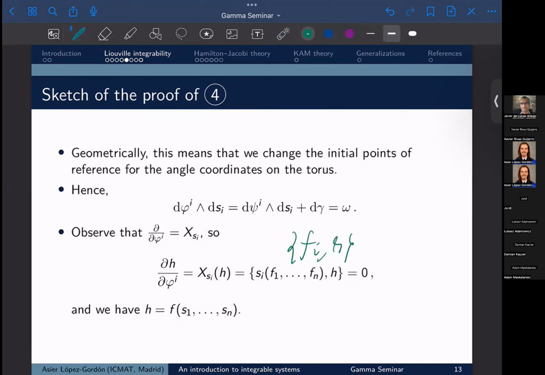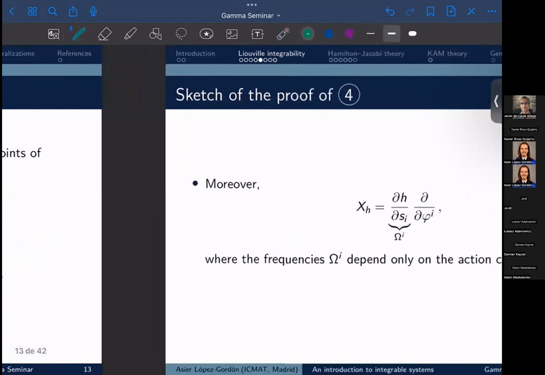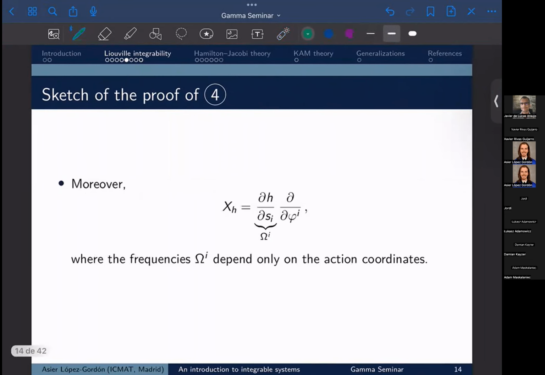And using the properties of the Poisson bracket, this Poisson bracket must also vanish as a consequence. And therefore, since this partial derivative vanishes, the Hamiltonian function is a function, sorry, this should be an H. The Hamiltonian function depends only on the action coordinates.